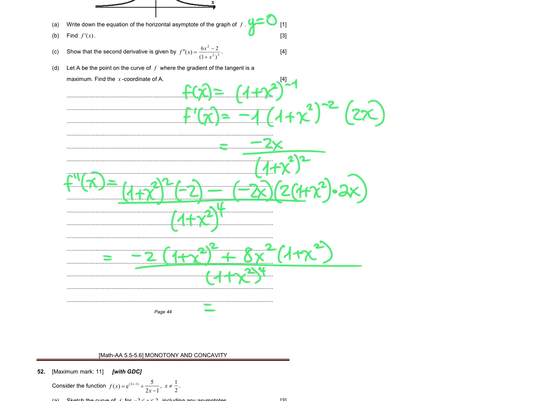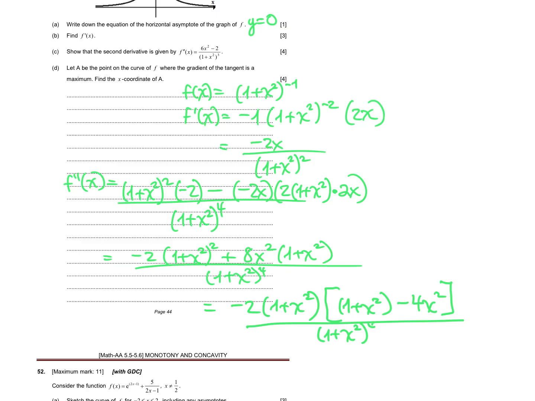And now we can pull out a negative 2, 1 plus x squared. And then on the inside, we're going to have just 1 plus x squared, because we need another one of those, minus 4x squared. That's fine. And then 1 plus x squared to the 4th.